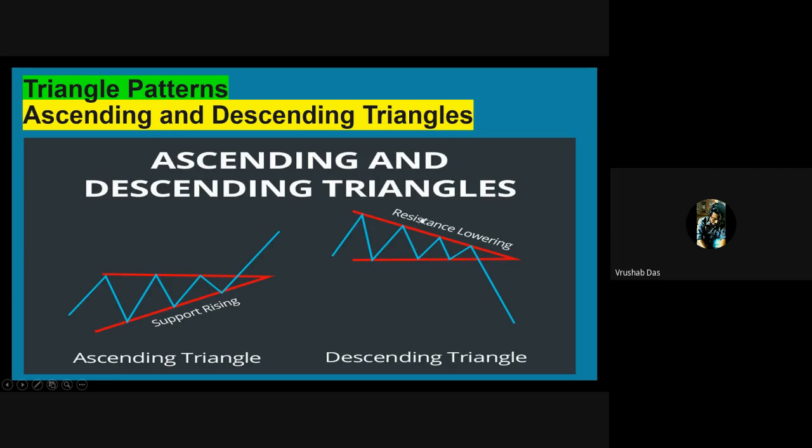If the price highs are getting lowered, if the resistance is getting lowered, then this is the indication of the descending triangle, and the lows of the triangle should be at the same level, and descending triangles will show you the price getting lower and lower.